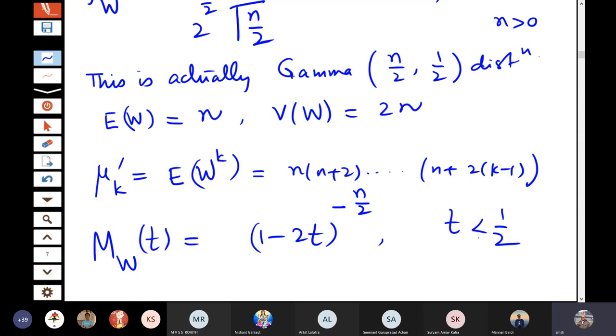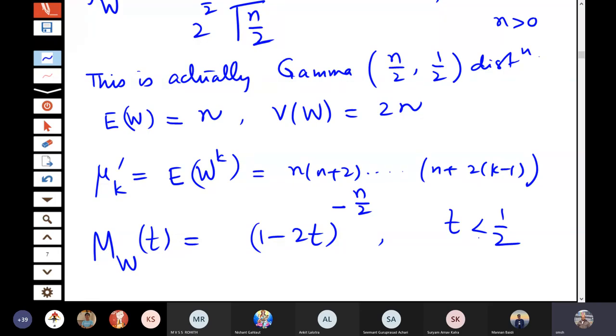Because I am writing this simply from the moment generating function of a gamma distribution, that was lambda by lambda minus t to the power r. So if you put lambda equal to half and r equal to n by 2, then you will get 1 minus 2t, of course in the denominator, to the power n by 2.